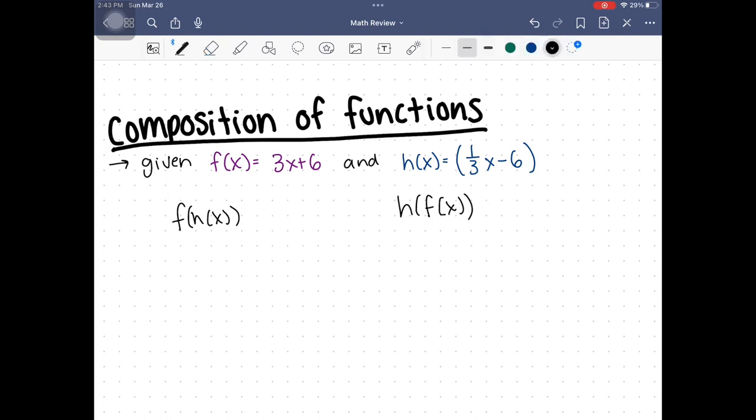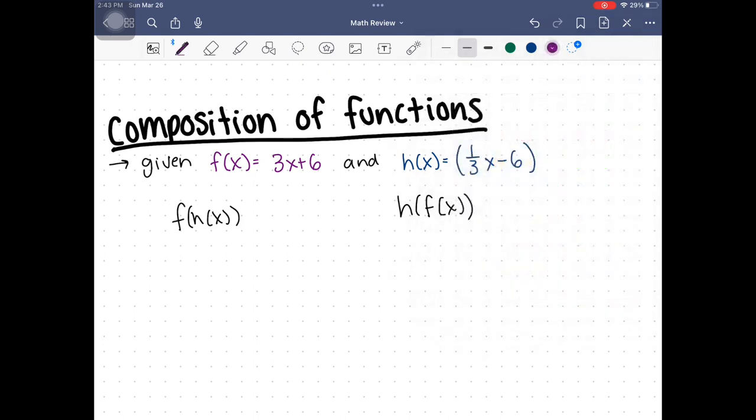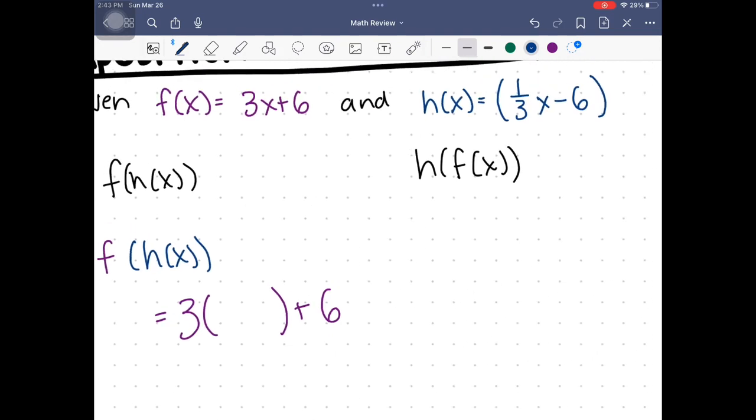So what I'm going to do is I'm going to take my f of x, okay? So this is f, and then we're going to have h of x. So I'm going to go ahead and I'm going to plug my f in. So this is 3. Whenever there's an x, just put parentheses because we need to plug it in. And my h of x is going to go in this little space right here.